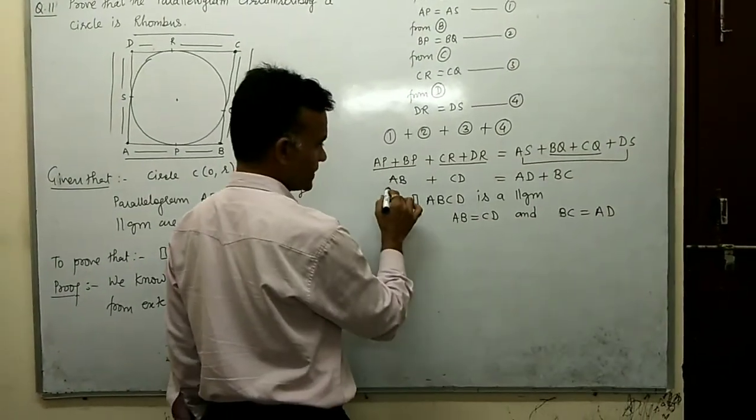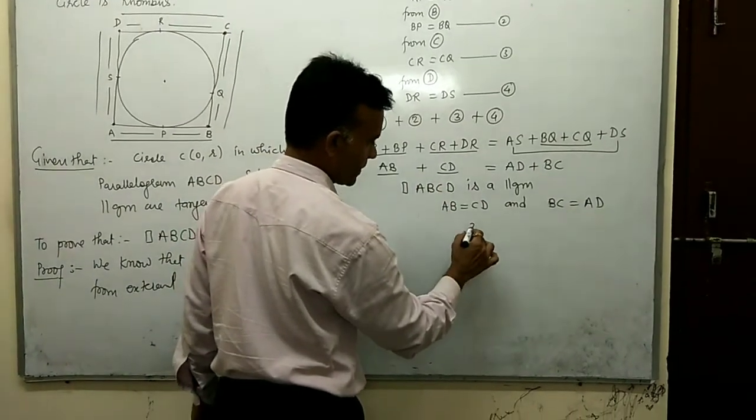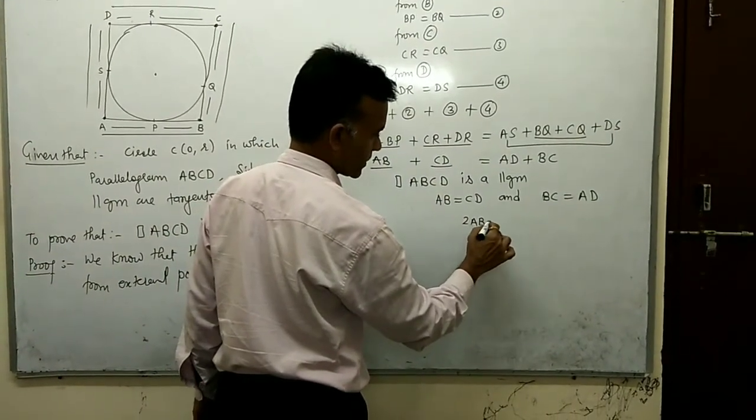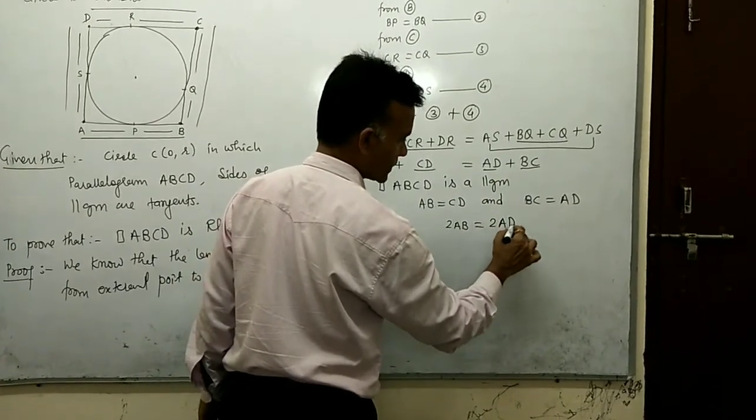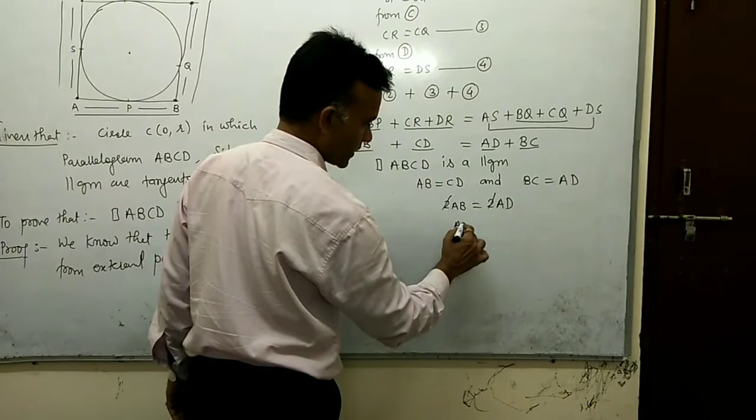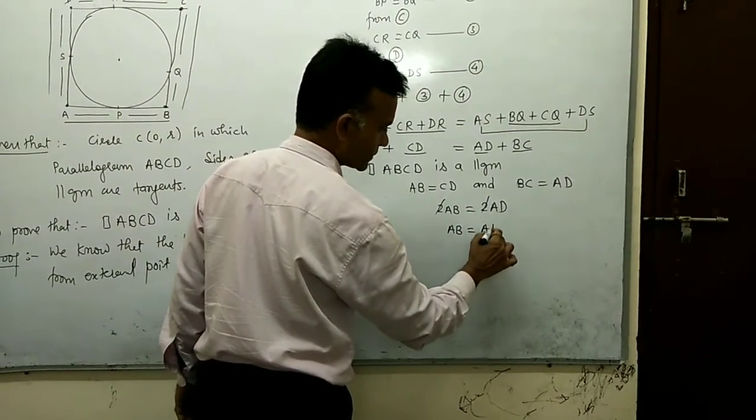Okay, if AB and CD are equal, then it is twice AB. Similarly, AD and BC are equal, so it is twice AD. So 2 cancels out. Now AB equal to AD.